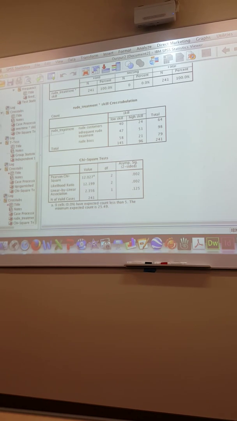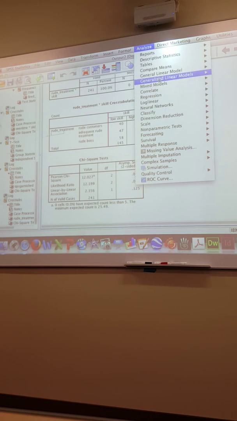If you look at the high-skilled workers, about half the time they're reporting infrequent treatment. But for the low-skilled workers, it's about a third of the time they're reporting infrequent treatment. So they're significantly different from each other. All right, number 10. What are we doing in number 10?